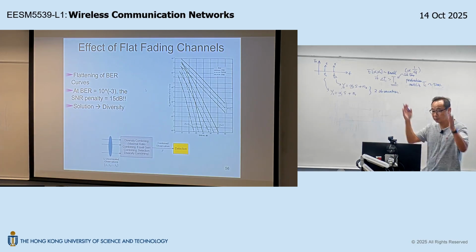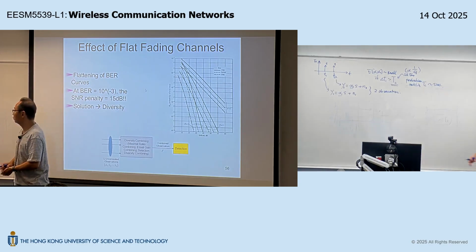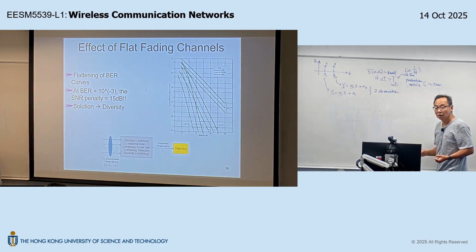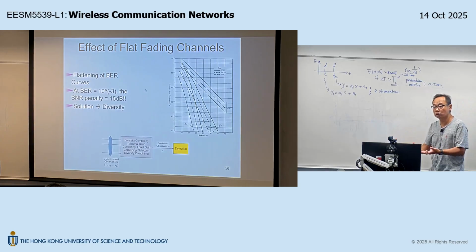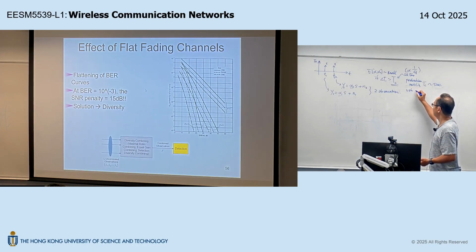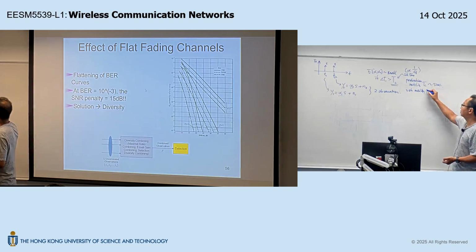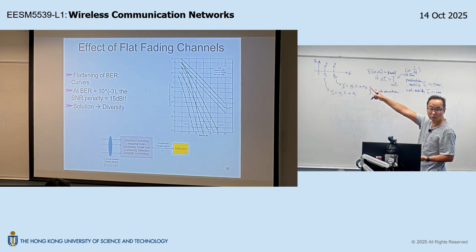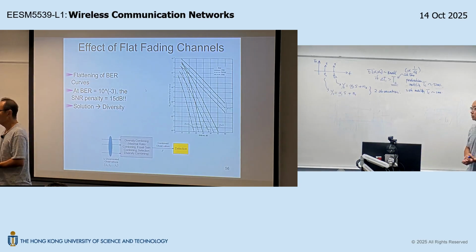So you need to separate the 2 times of transmission by at least 50 milliseconds in order for these 2 fading coefficients to be uncorrelated. On the other hand, for vehicular mobility, let's say users on a train, talking about a few hundred km per hour, the coherence time is of the order of 1 millisecond. That means you just need to separate the 2 times by 1 millisecond, and that will be sufficient. Is that okay? So that will be the condition.